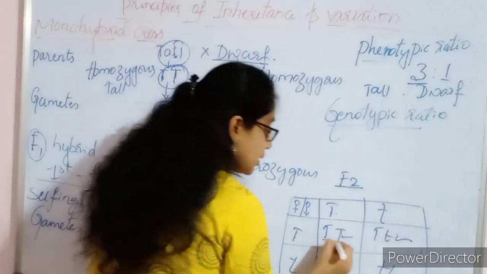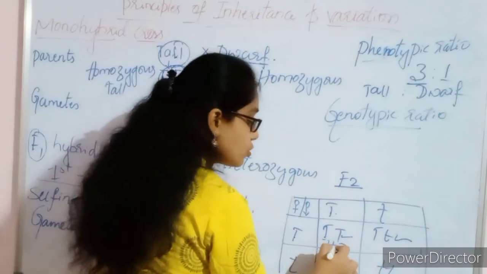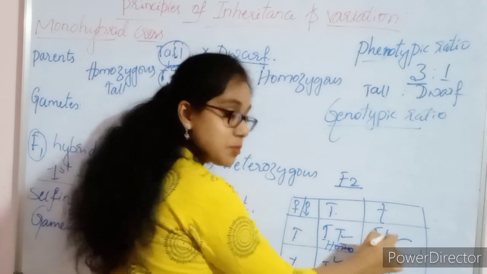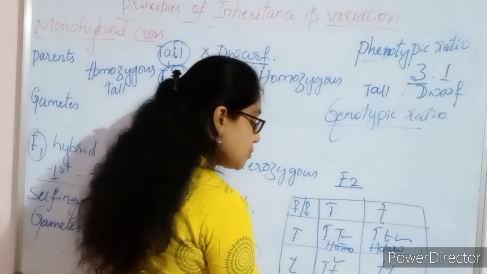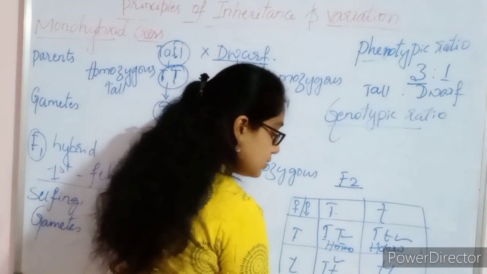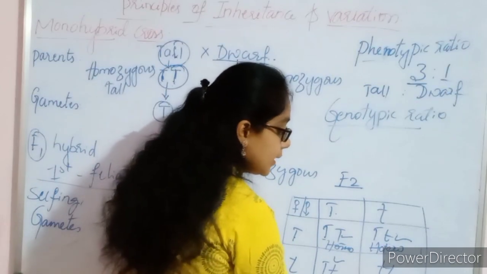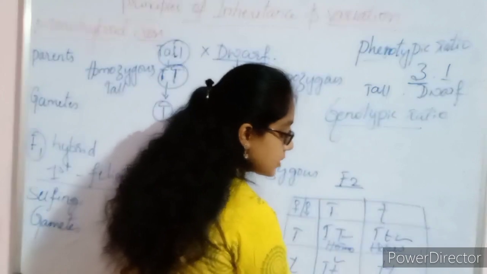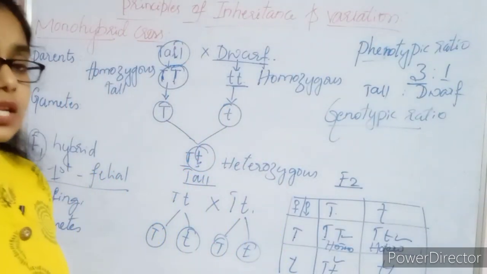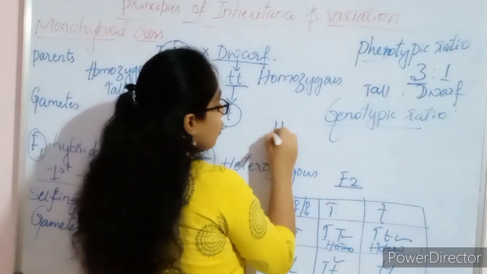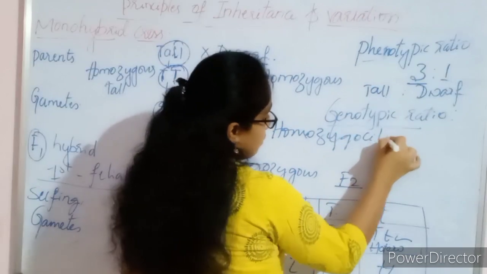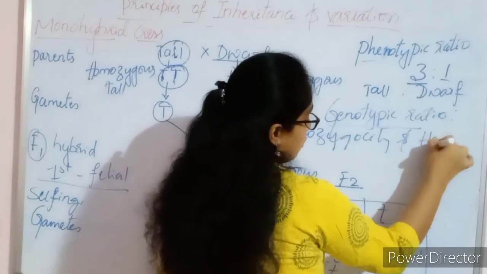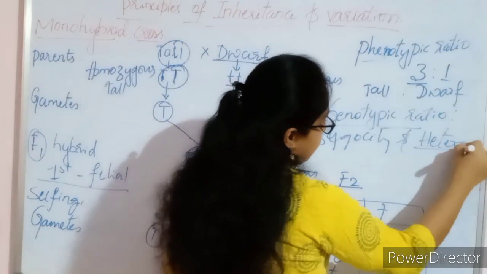See here, capital T, it is homozygous. Capital T, small t, it is heterozygous. Capital T, small t, heterozygous. Small t, it is homozygous. So here you are going to mention the ratio of homozygosity and heterozygosity.